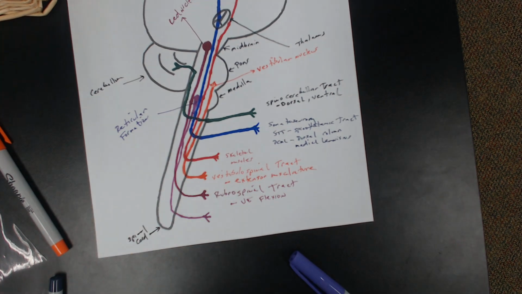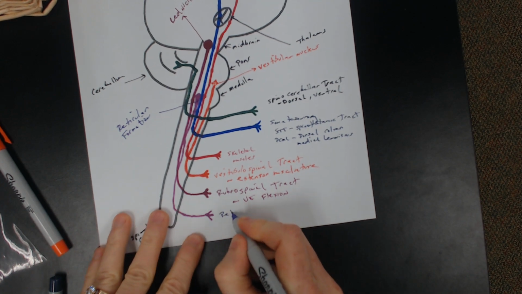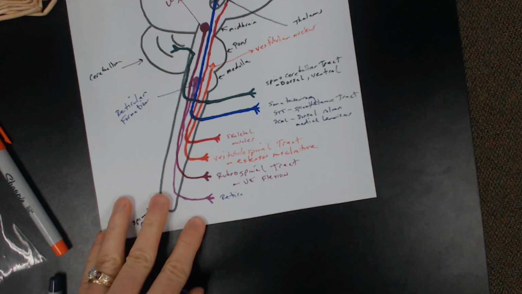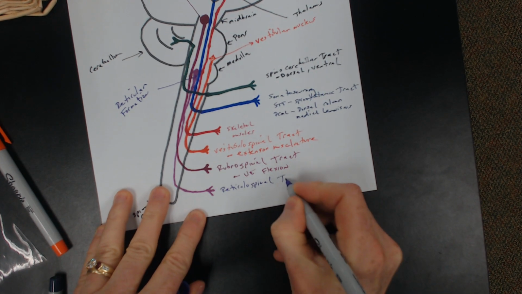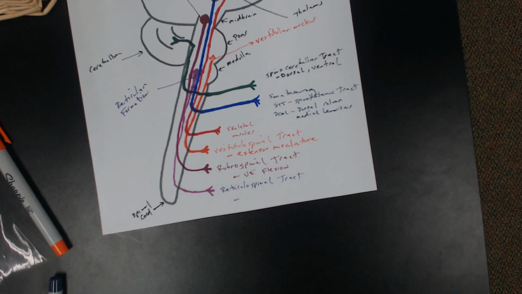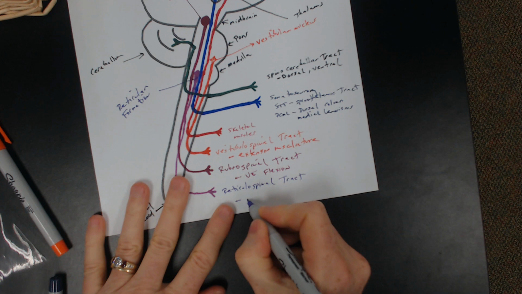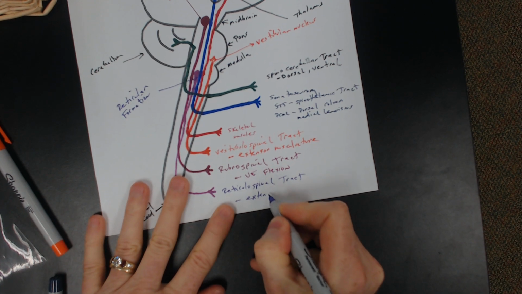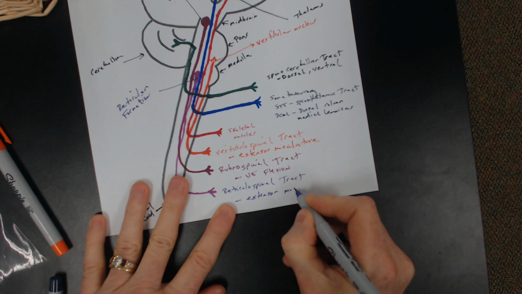And this is called your reticulospinal tract. And it's going to carry information to extensor muscles.